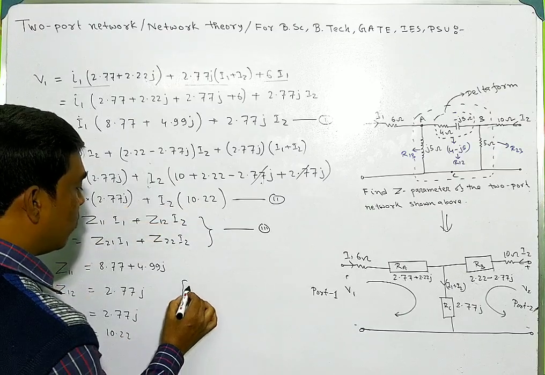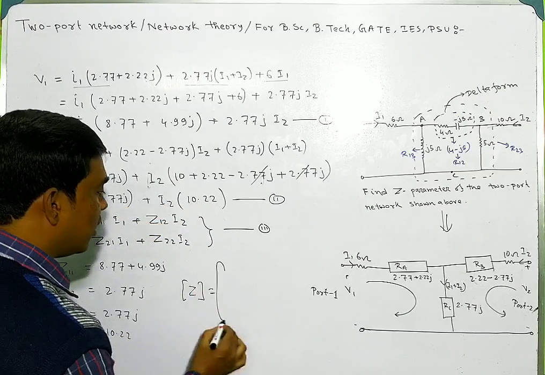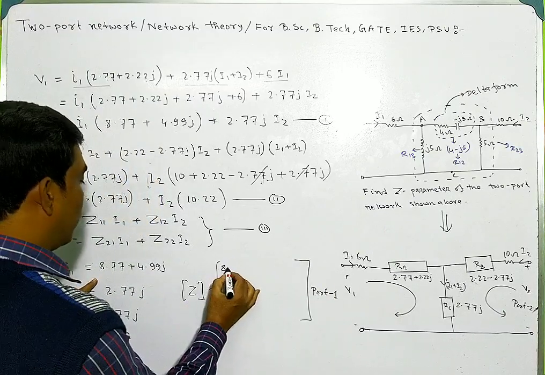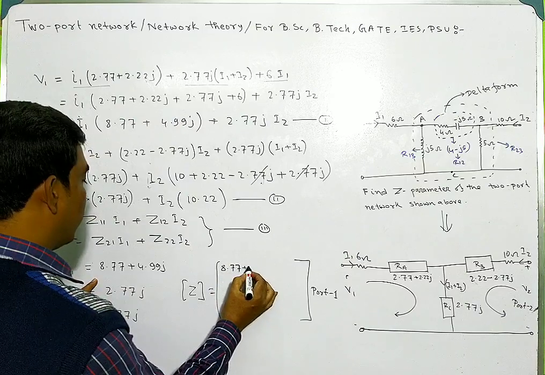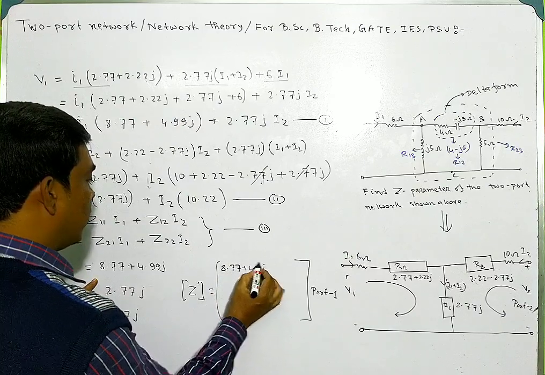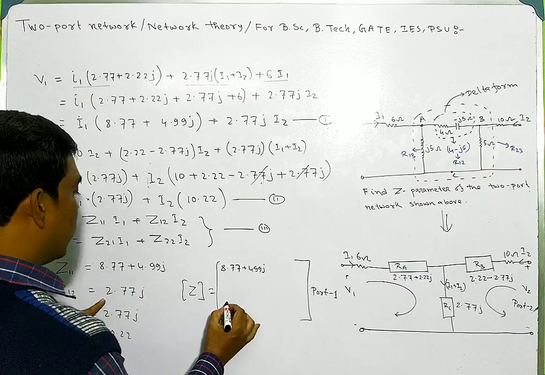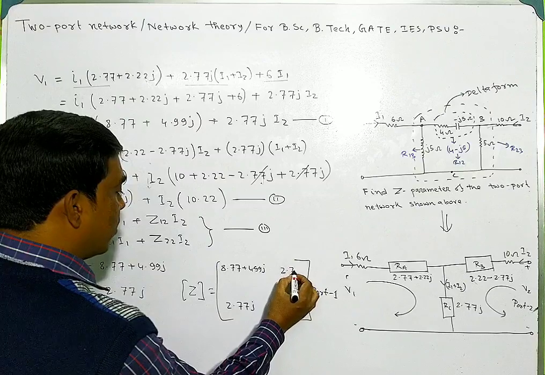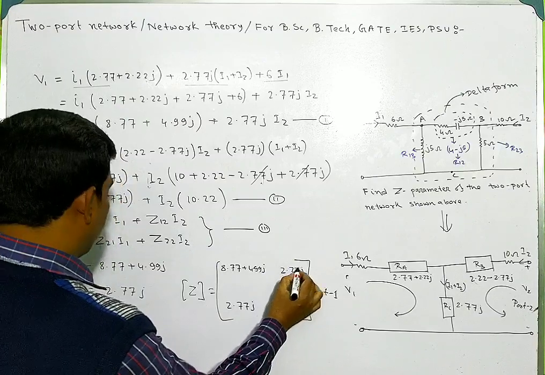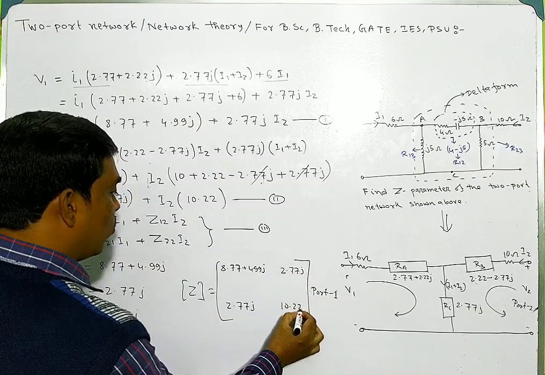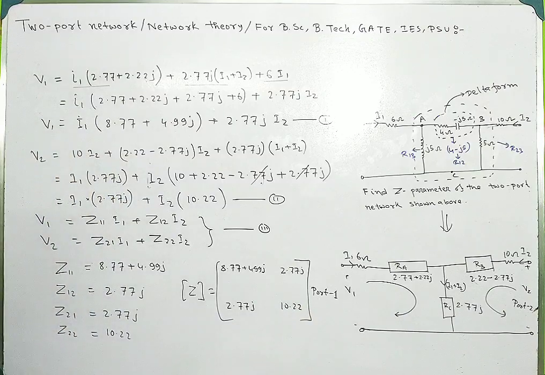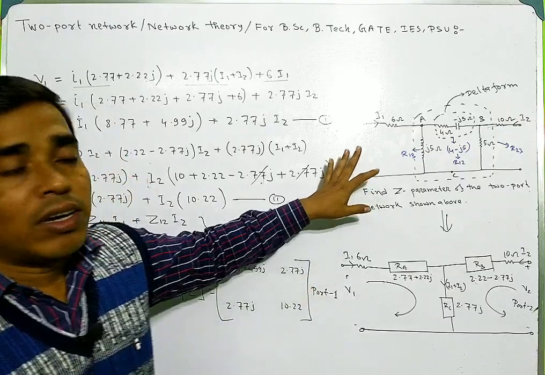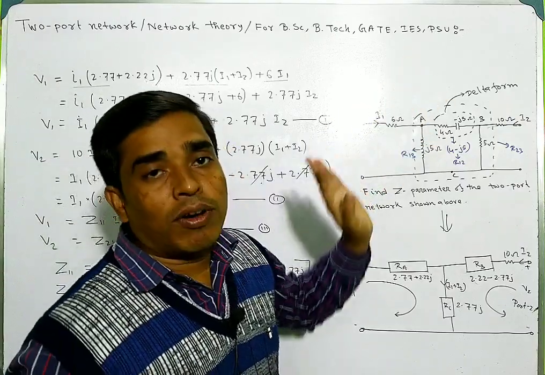So in matrix form, the Z matrix will be 8.77 plus 4.99J, 2.77J, 2.77J, and 10.22. So in this way you can calculate the Z parameter for this type of network.